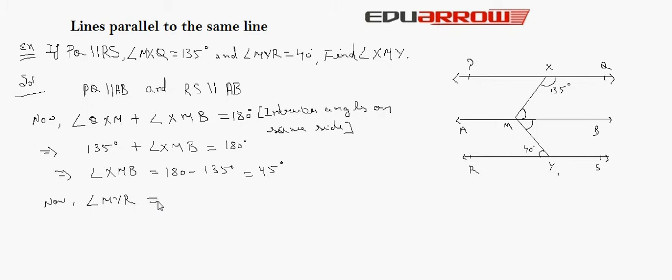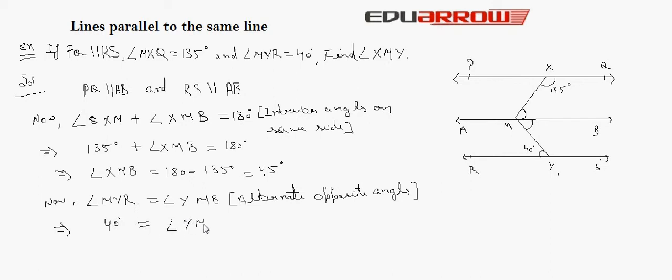Now we know that angle MYR is equal to angle YMB as alternate angles, and alternate interior angles are equal.